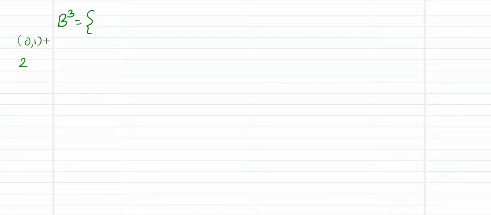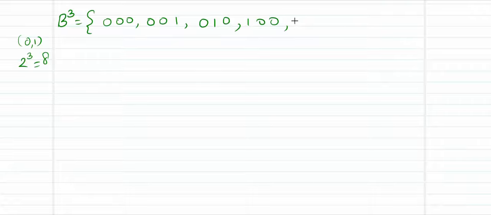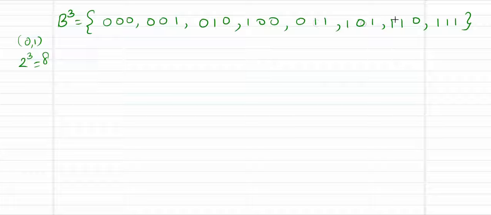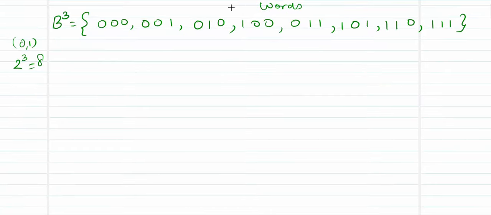So I have 2 to the power of 3, which is 8 words that can be generated using combinations of zeros and ones: 0, 0, 0, 0, 0, 1, 0, 1, 0, 1, 0, 0, 0, 1, 1, 1, 0, 1, 1, 1, 0, 1, 1, 1. So now these are my inputs, W, the words which have to be encoded.